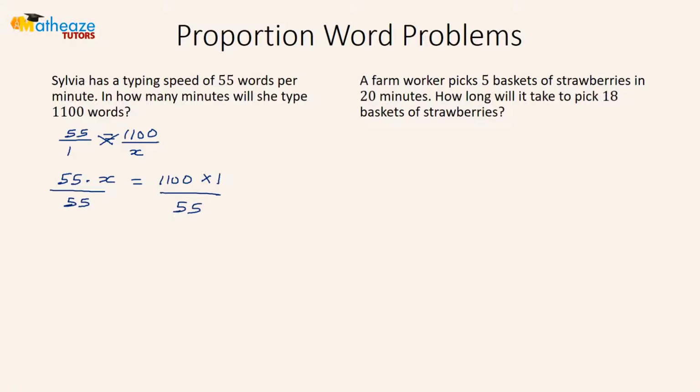So this becomes x on this side, and then 1100 divided by 55. Let's pick 110 divided by 55. That gives us 2, and then we have 0. So she's going to type 1,100 words in 20 minutes.